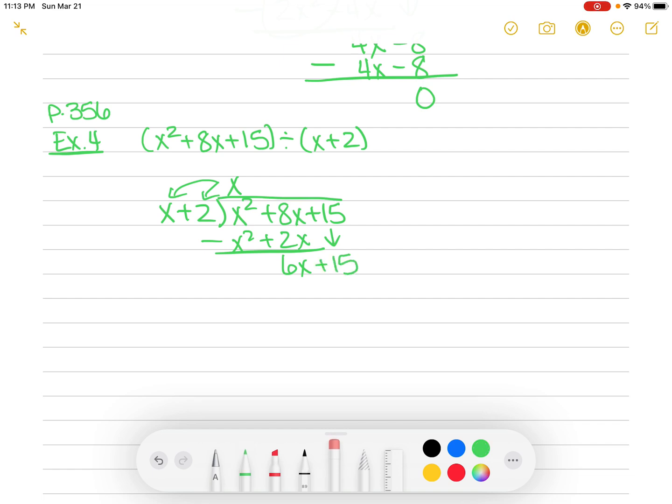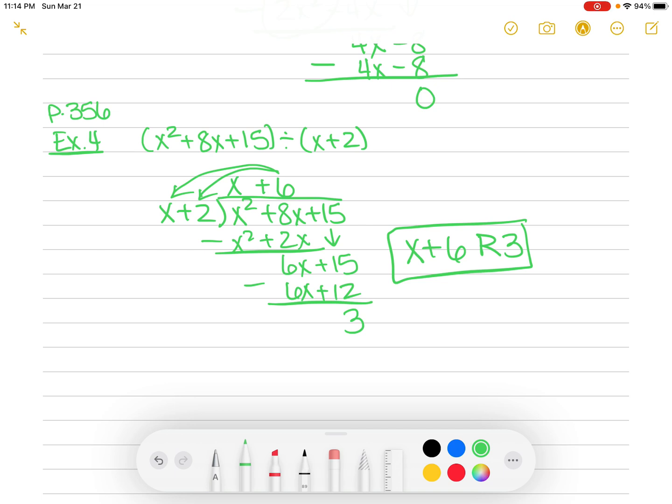Bring down the 15. Now what times x is going to give me 6x? That would be 6. 6 times x is 6x, and 6 times 2 is 12. I'm going to subtract, and I get 3. So my answer is x plus 6, remainder 3.